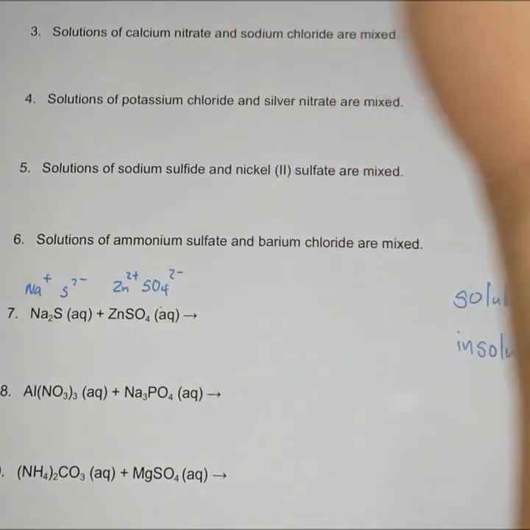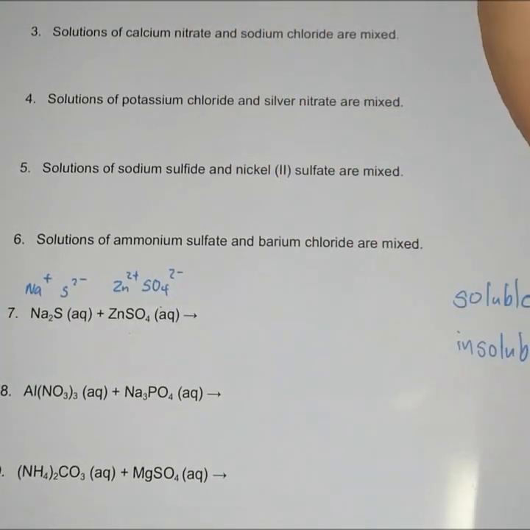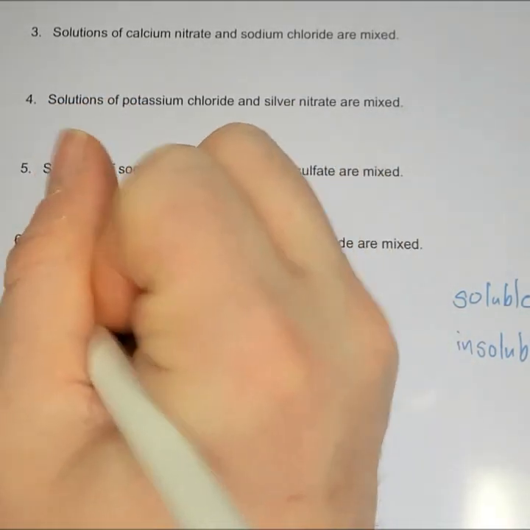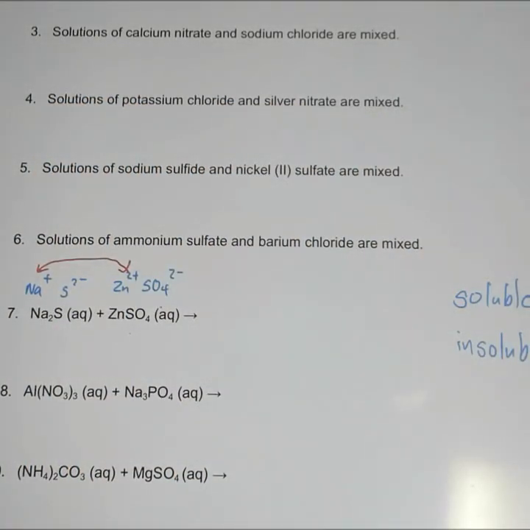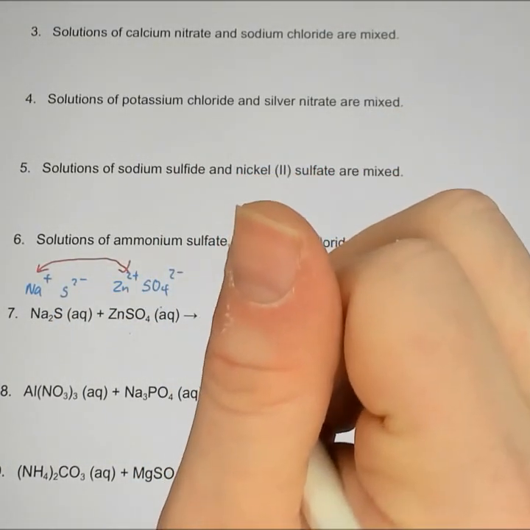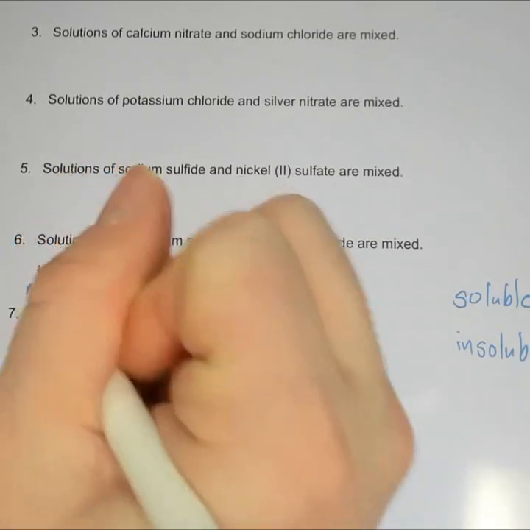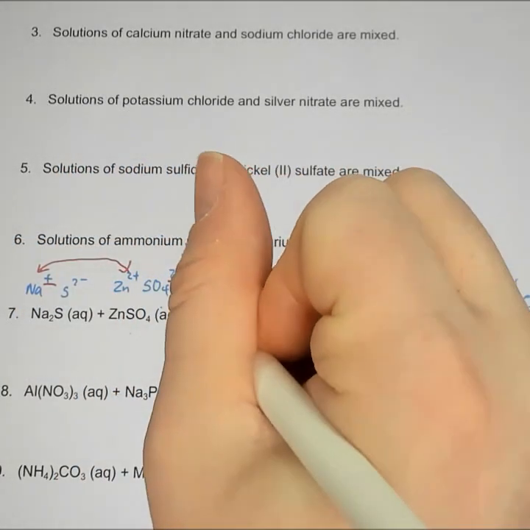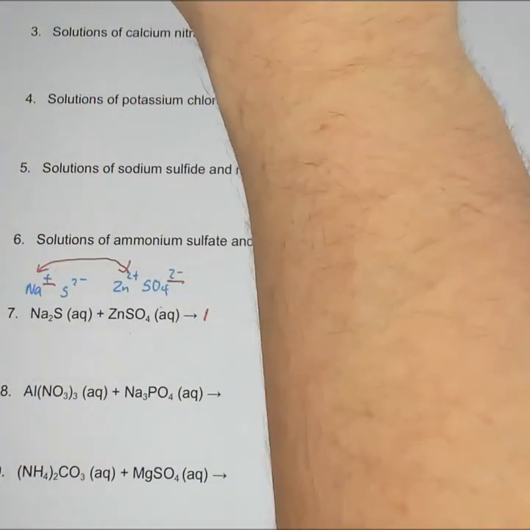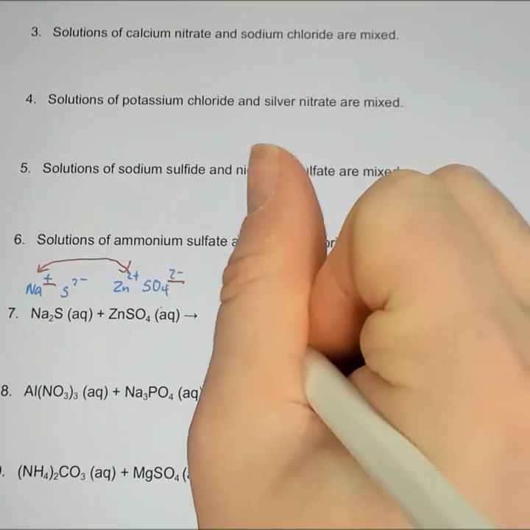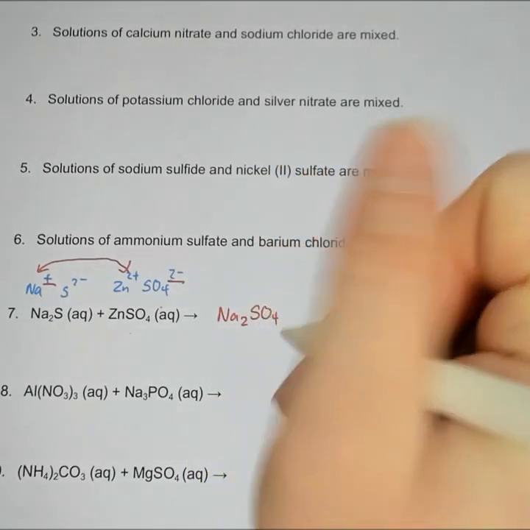Alright, then we know it's a double displacement reaction, so we are going to switch up. Sodium is 1+, and sulfate is a 2-, so that means we're going to get Na2SO4.